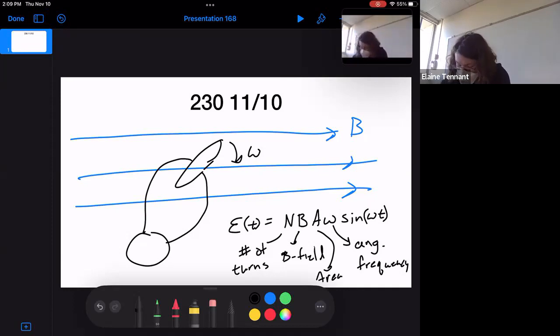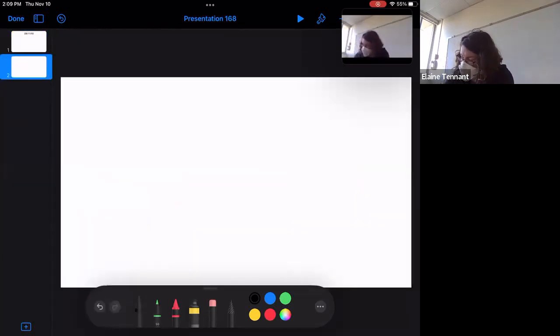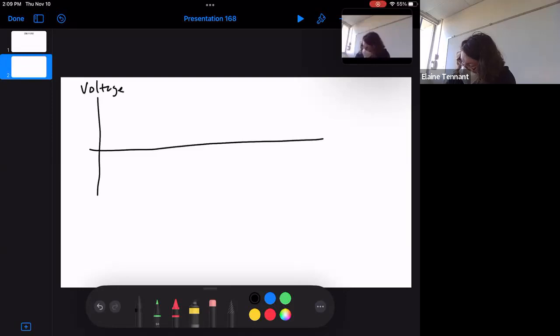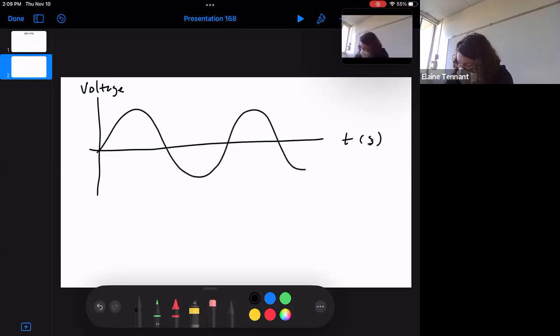So what you would do then is you generate this voltage, which is time dependent. So I'd have a voltage with respect to time that looks like a sine wave, where the maximum voltage that you're going to see is N B A omega, the thing in front of the sine, right?